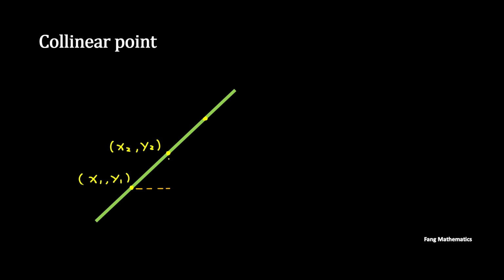Let's first take the change in x with the corresponding change in y. So let's take the gradient. So m1 is equal to change in y1 divided by change in x1.